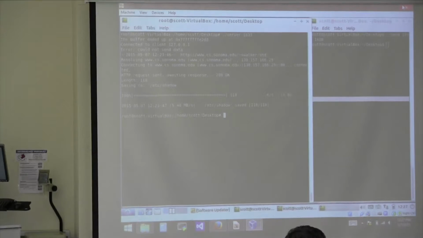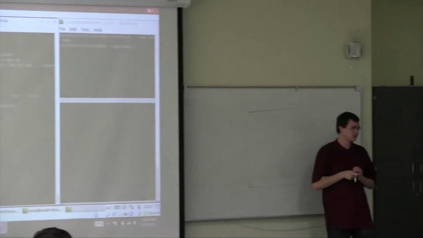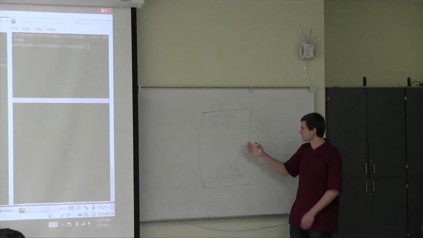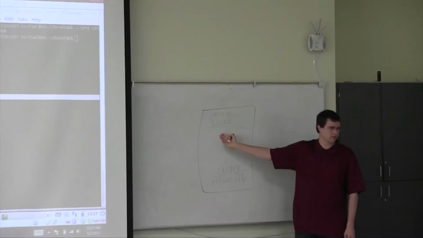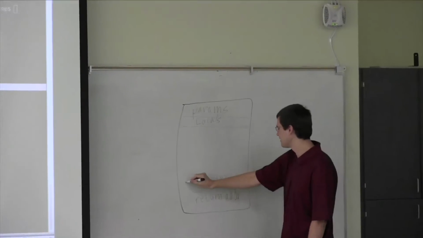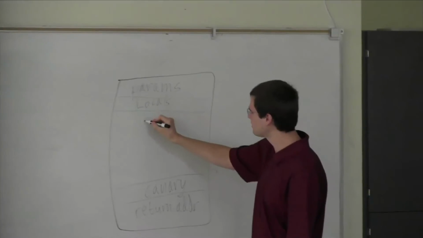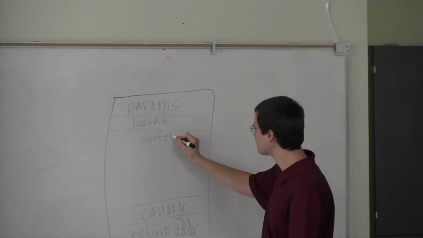And there's my canary. So what the compiler does sneakily without telling you is that it's always going to put any character buffer you have right here, below your locals and above the canary.